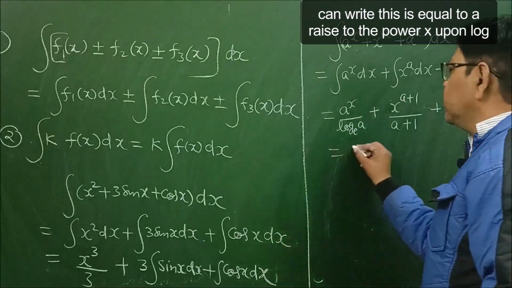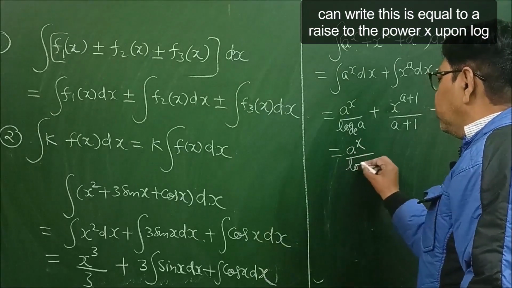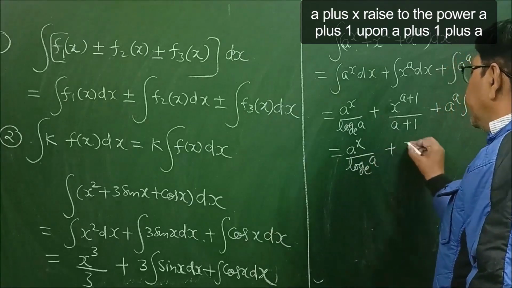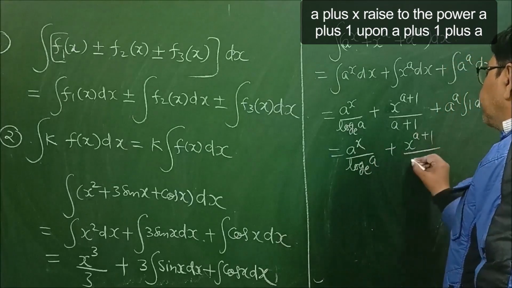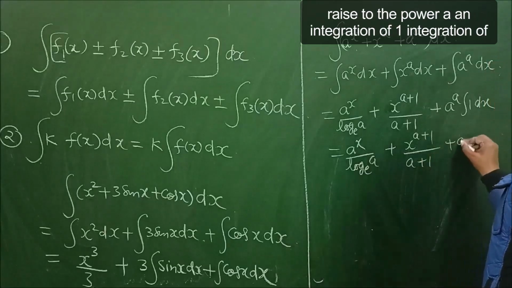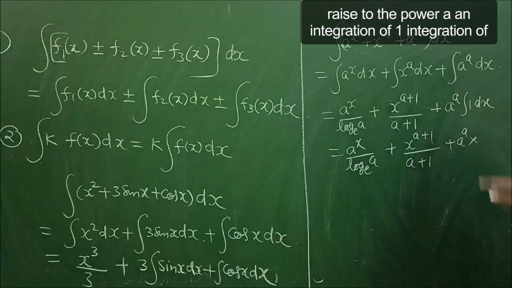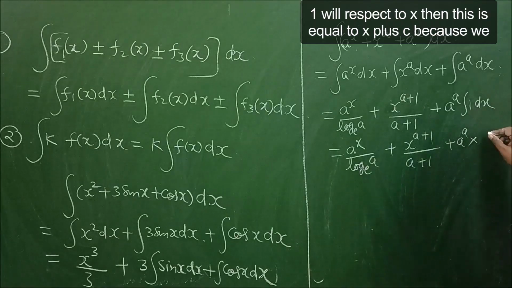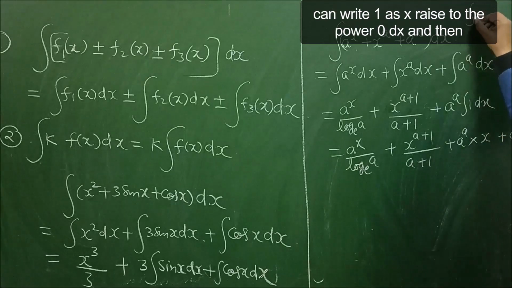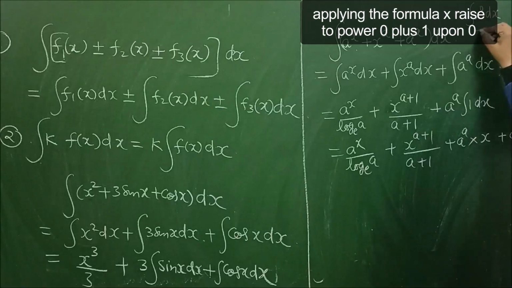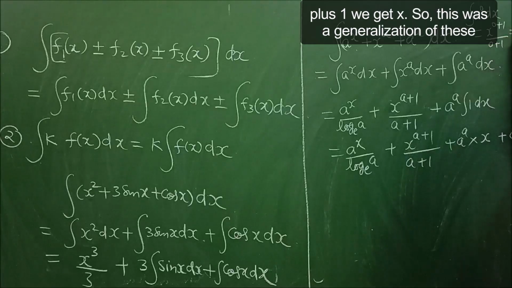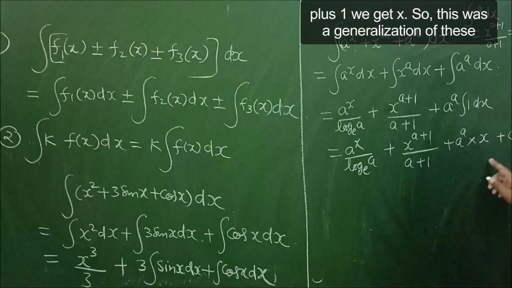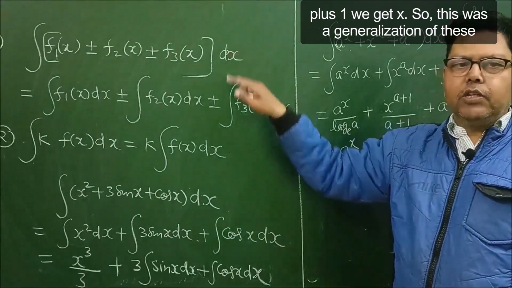So we can write this is equal to a raised to the power x upon log a plus x raised to the power a plus 1 upon a plus 1 plus a raised to the power a, and integration of 1 with respect to x is equal to x plus c, because we can write 1 as x raised to the power 0 dx, and then applying the formula x raised to the power 0 plus 1 upon 0 plus 1 we get x. So this was a generalization of these rules.